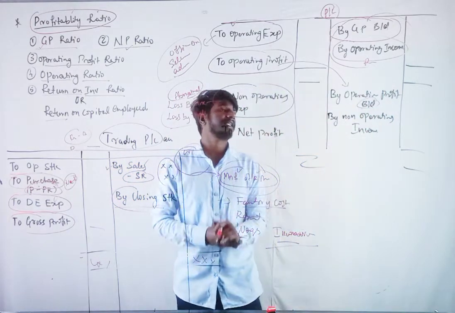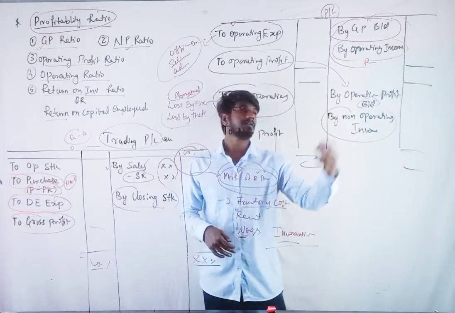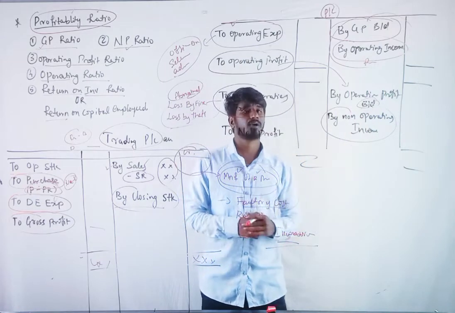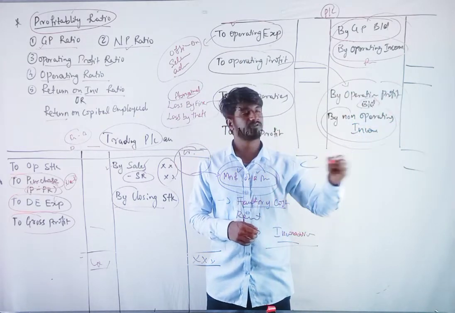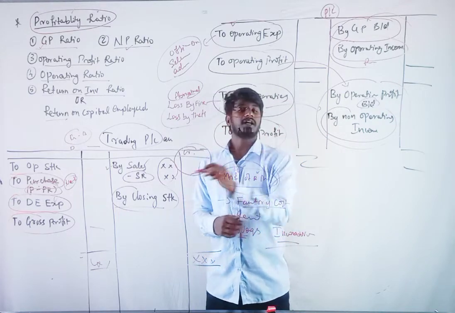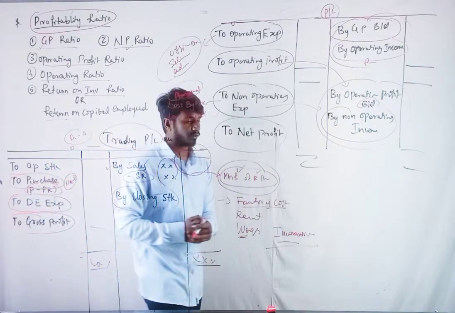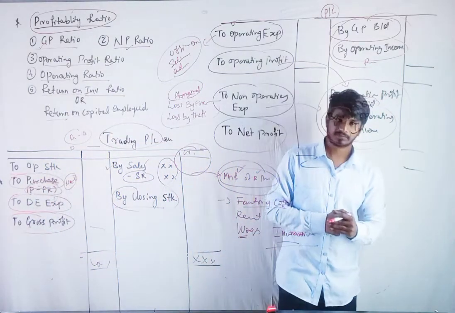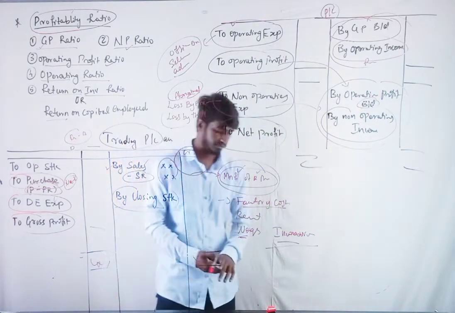Then if there is any non-operating income, we will add to the operating profit. Then if we minus expenses on income, we will arrive at net profit. This is your trading P&L account. If you understand well, if not, formulas are there, you can do that.